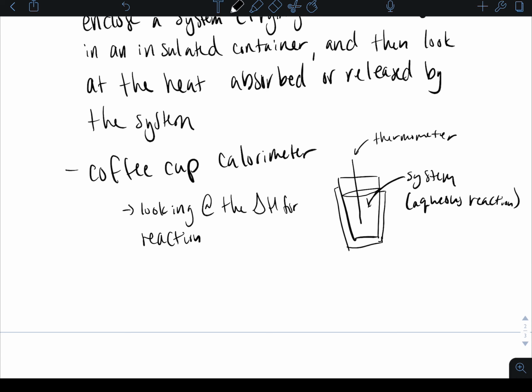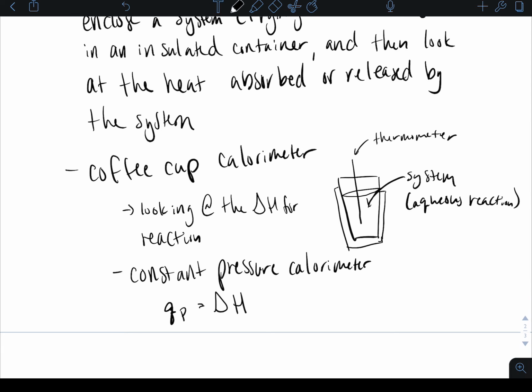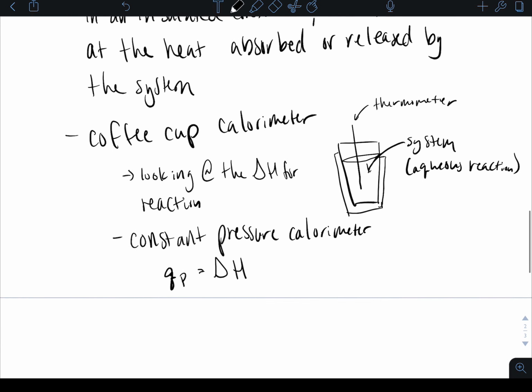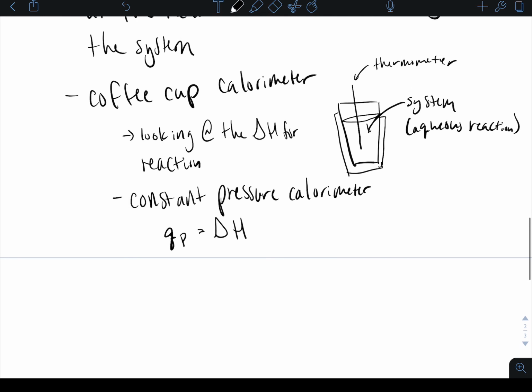So we call this coffee cup calorimeter a constant pressure calorimeter. With this constant pressure calorimeter, our heat is kept at a constant pressure, and when that is true, it'll be equal to our delta H. So within these reactions, we're actually going to be looking at this and equating it to this using the following equation.